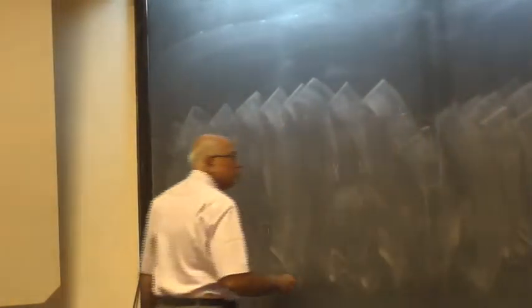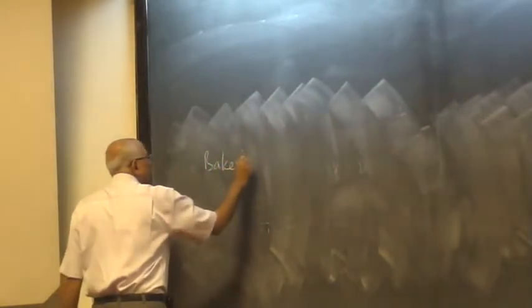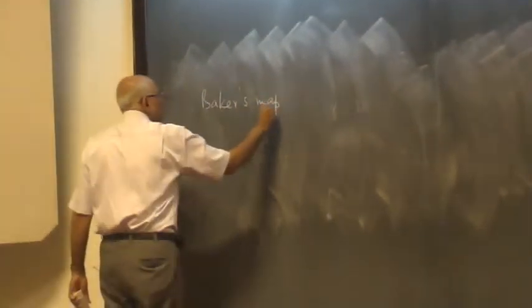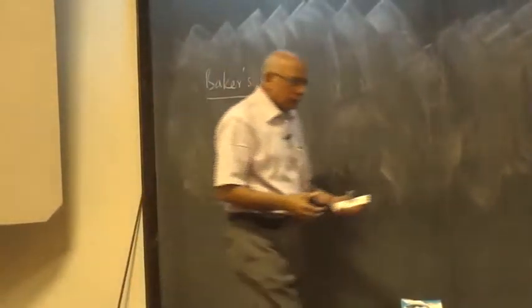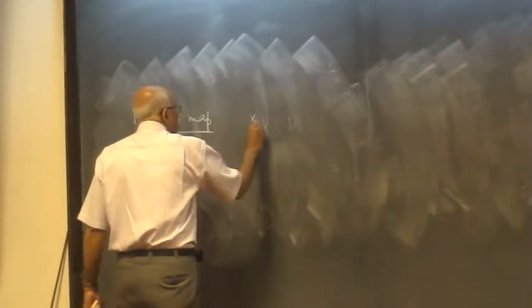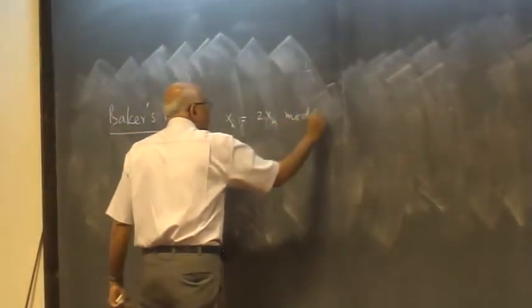So, Baker transformation. It's called the Baker's map because it's a map which mimics the way a baker kneads dough. So he takes this, he puts it back, he takes this, puts it back, and things get scrambled up in this space. It's a 2-dimensional map, so there are 2 variables, and the rule is x_n is 2x_{n-1} mod 1.